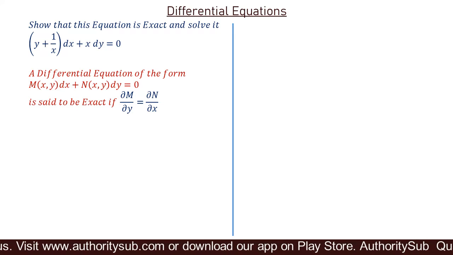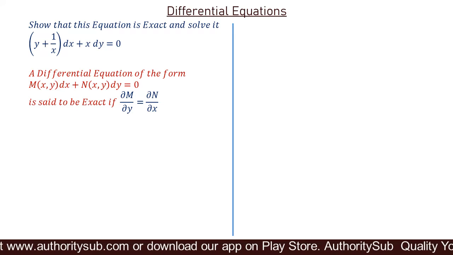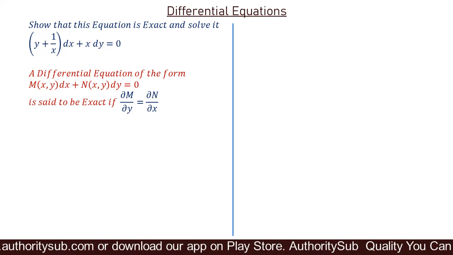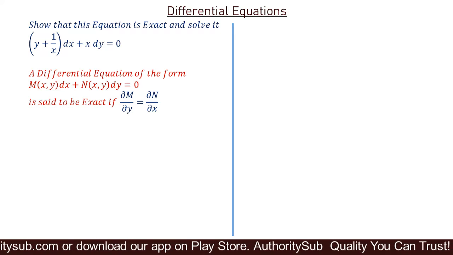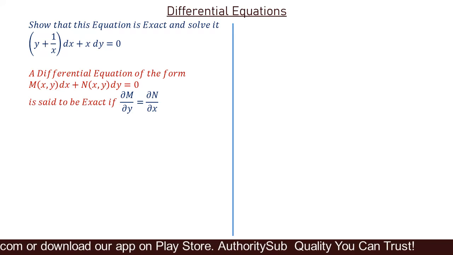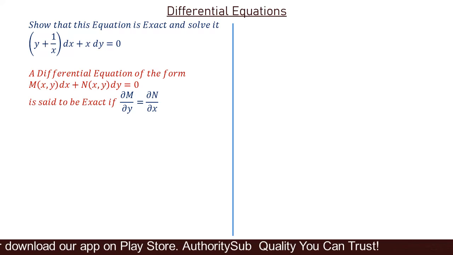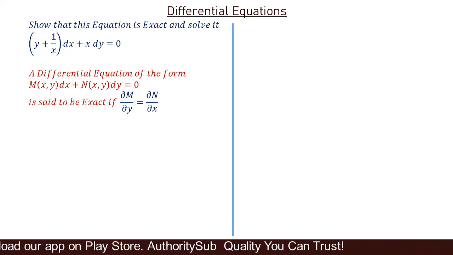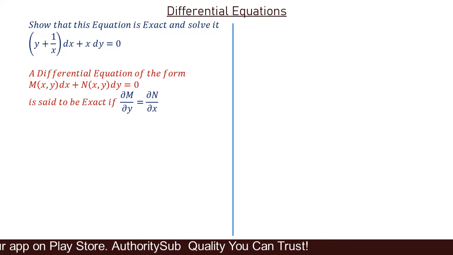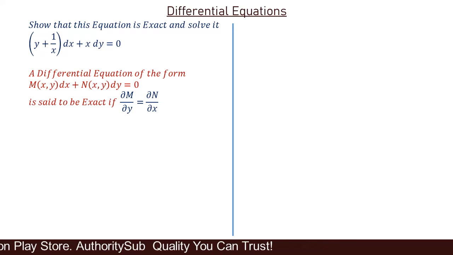The part that is having the x, call it a letter M. The part that is having the y, call it a letter N. Differentiate M partially with respect to y. Differentiate N partially with respect to x. These two partial derivatives should give you the same value. So we say that the equation that this M and N is coming from is an exact equation.